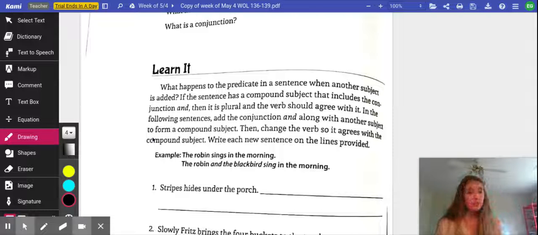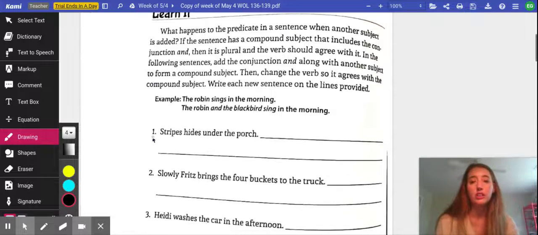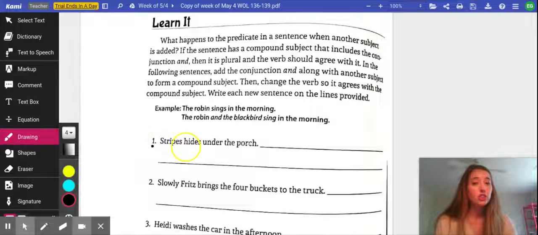So in this first section, we are going to discuss making some changes to these sentences by adding a subject, but that's not the only change that we have to make because a lot of times the verb will have to change so that it goes along with a plural. Okay, so in this example, it says, the robin sings in the morning.